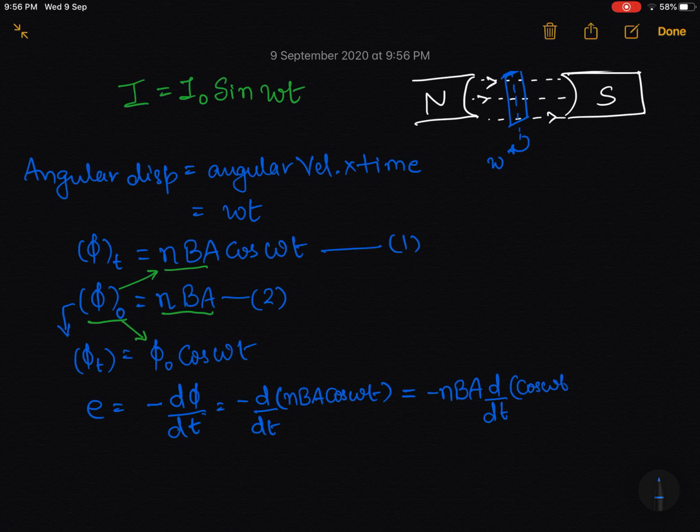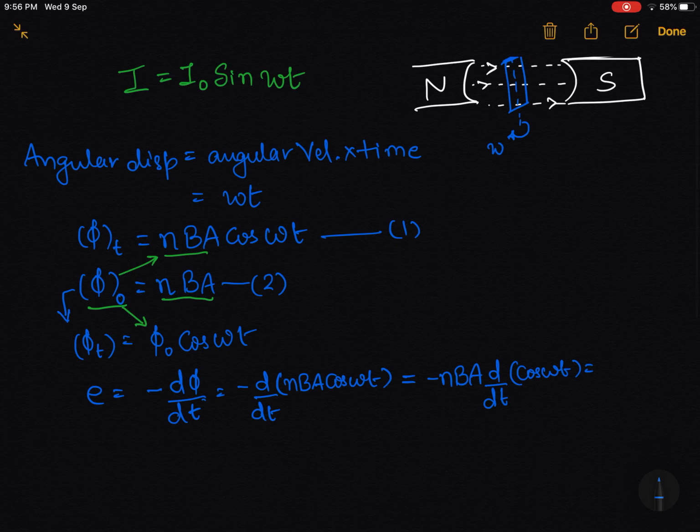and you can take d by dt with respect to cos of omega t. Since we all know that the derivative of cos is always negative of sine, I'll be doing all the steps. The negative gets plus, so that is NBA sine omega t into the derivative of omega t.